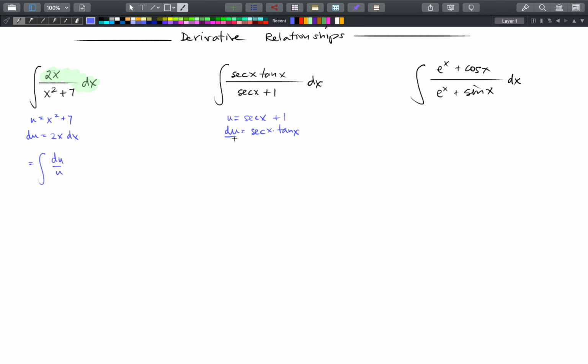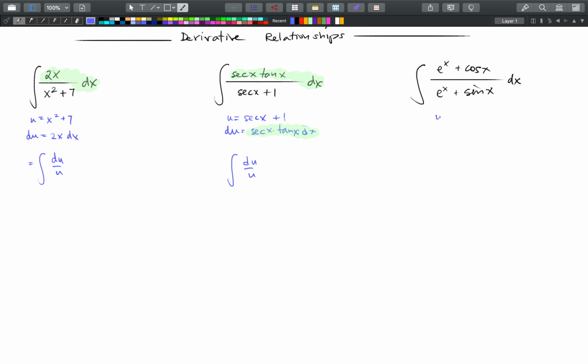Now, typically you would write this as du/dx, our derivative of u with respect to x, and then we multiply by this differential dx to extract an exact copy of what is present in the problem with what we have produced in our u substitution. Now you can replace the given problem as du over u.